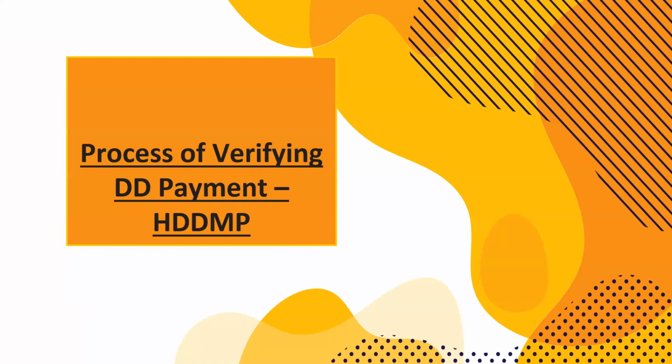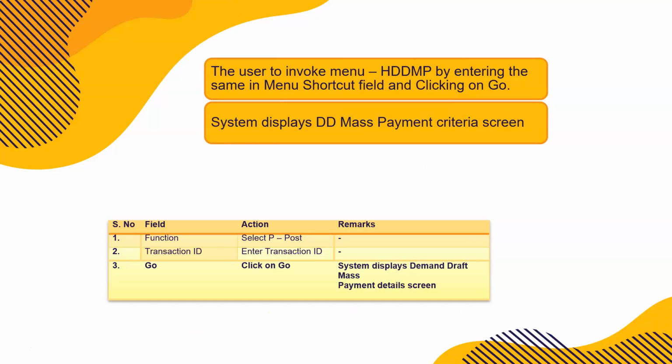So the process of verifying DD payment, HDDMP, same command, right? Herein again, like when we were issuing, a verifier has selected the function as post, not as verify here. Remember this. Same menu options. Displays DD mass payment criteria here.